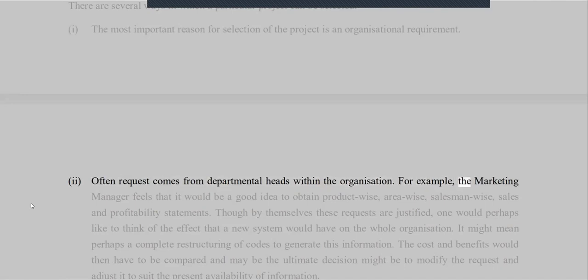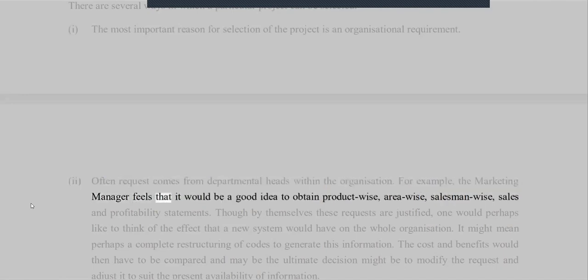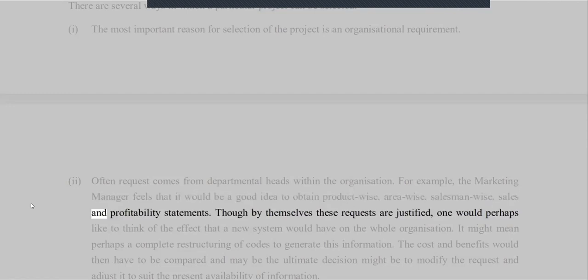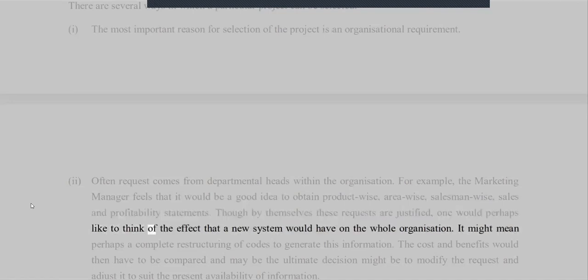For example, the marketing manager feels that it would be a good idea to obtain product-wise, area-wise, salesman-wise, sales and profitability statements. Though by themselves these requests are justified, one would perhaps like to think of the effect that a new system would have on the whole organization.